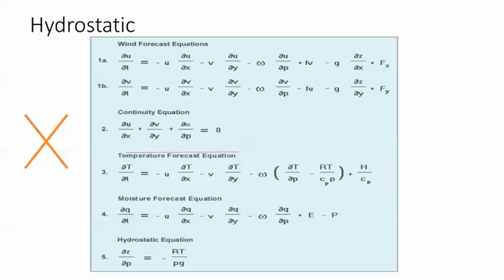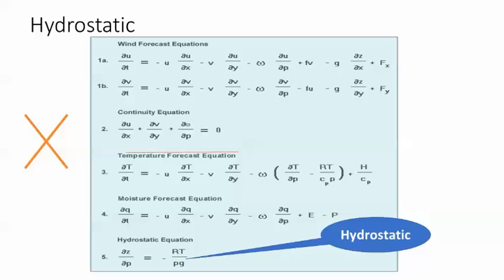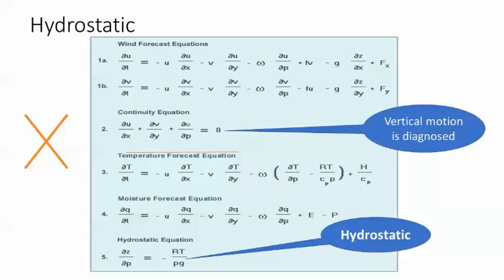These 5 equations are used in the model to govern changes in the motion and thermodynamics of the atmosphere and are derived from the complete set of conservation laws of momentum, mass, energy, and moisture. Hydrostatic equations are here. Let's move to the continuity equation. In hydrostatic models, vertical motion is diagnosed from other forecast variables, not calculated directly.